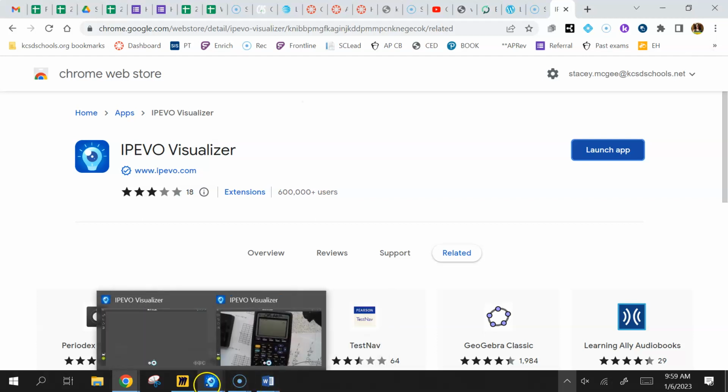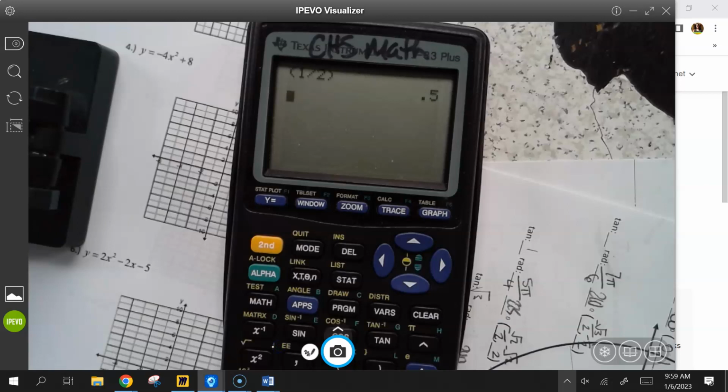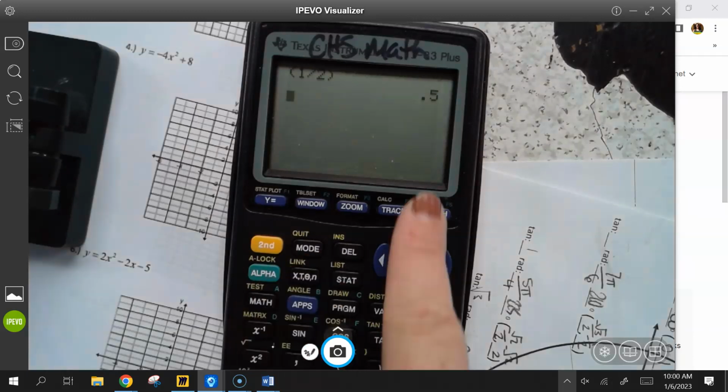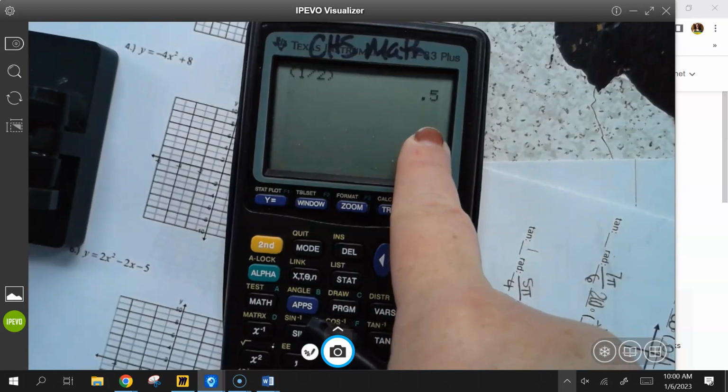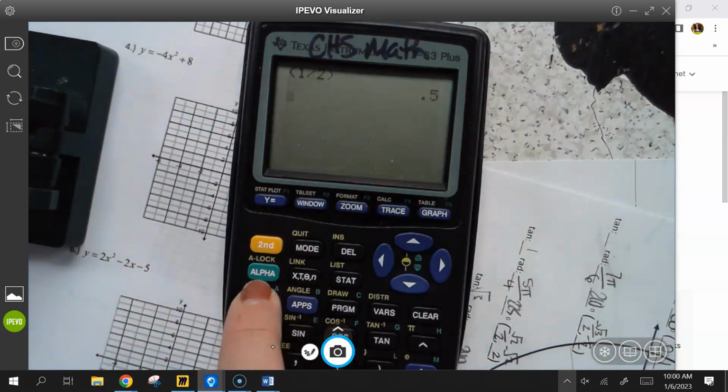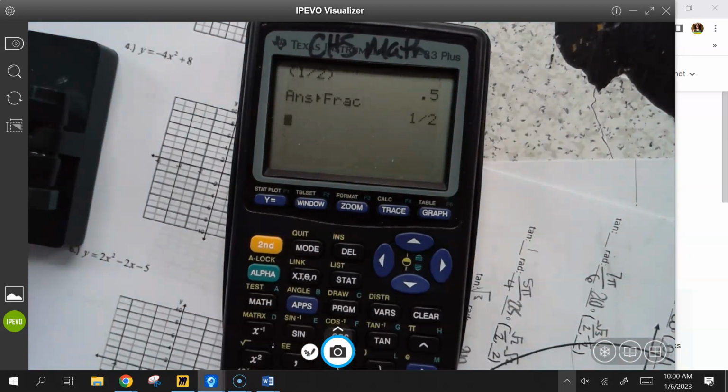If I want to go from a decimal to a fraction, do you know how to do that? Math, enter, enter. So if I end up with a decimal and I need a fraction, hit the button that says math, hit enter, and then enter again, and it will convert it back to a fraction for you.